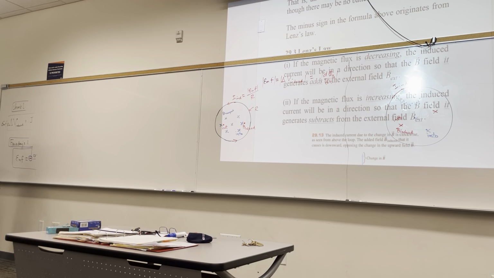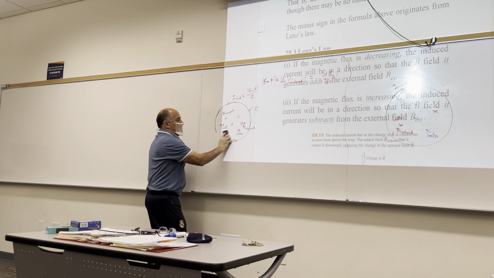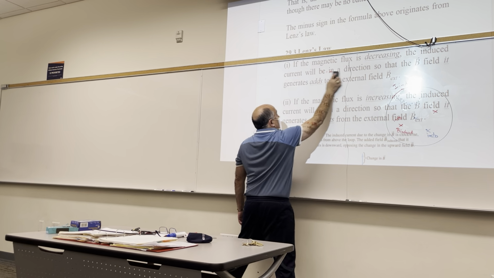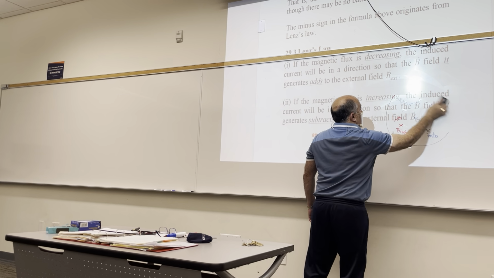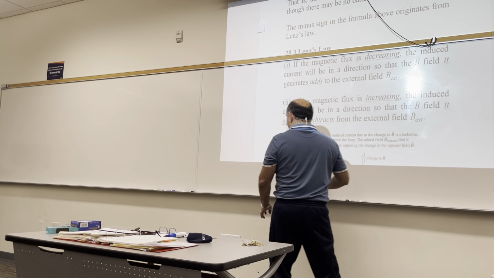You have to think through it, but once you understand Lenz's law, it'll be simple. I highly encourage you to go over those questions in the book on Lenz's law, because they're very good questions. It's kind of hard to draw it in 3D.